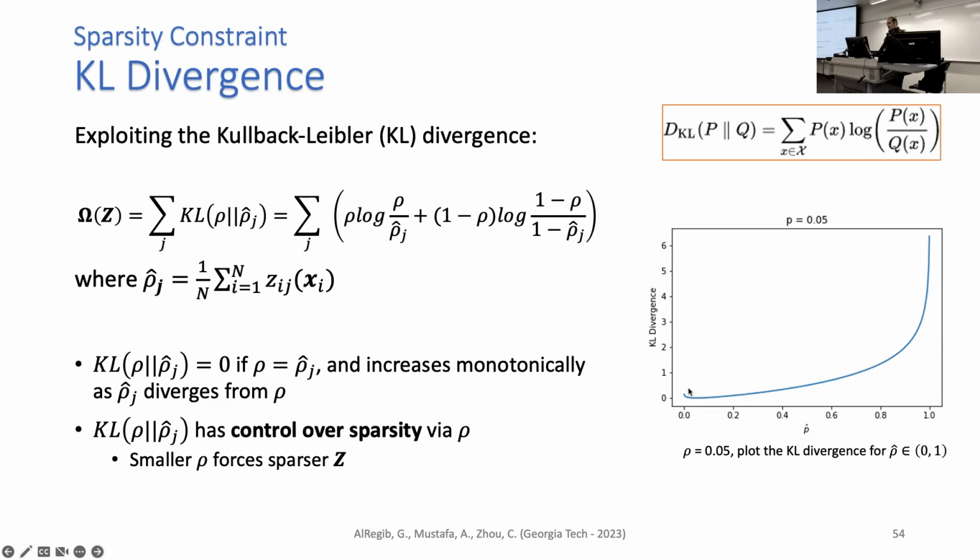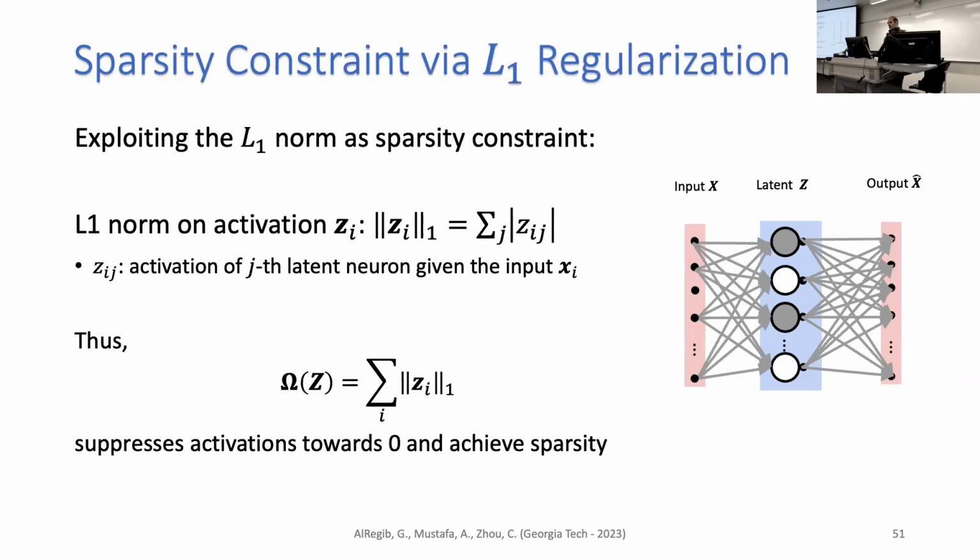So now what you think of is that I have this kind of a control parameter, a knob to control my sparsity, right? In the L1, remember this one here, I have no control. I don't really have any knob. Once I have this function, it just happens, everything will be zero if they are very close to zero.